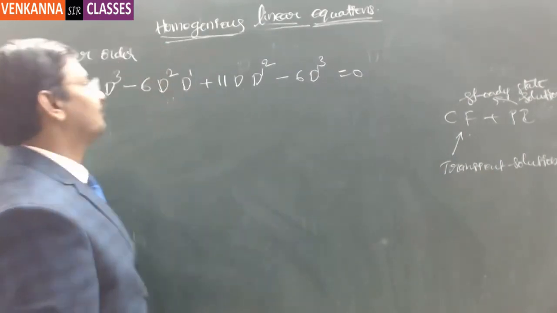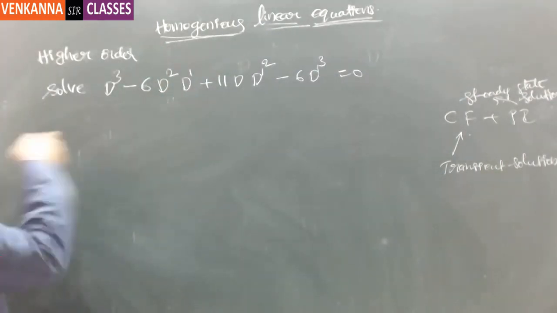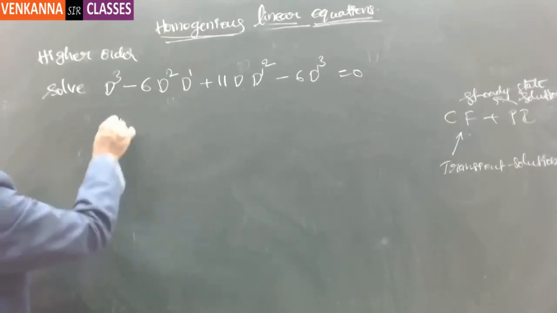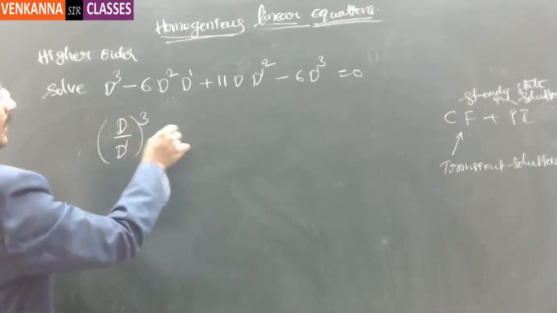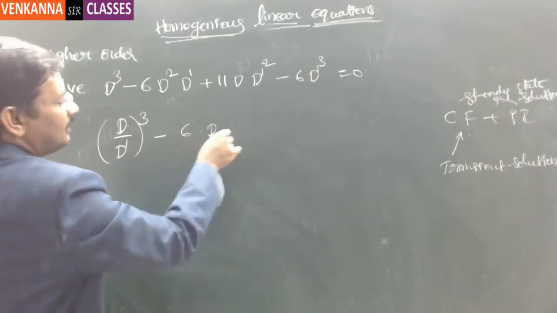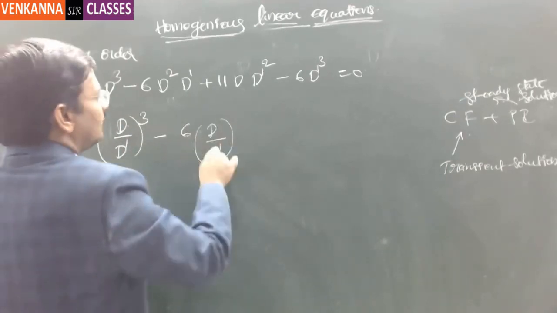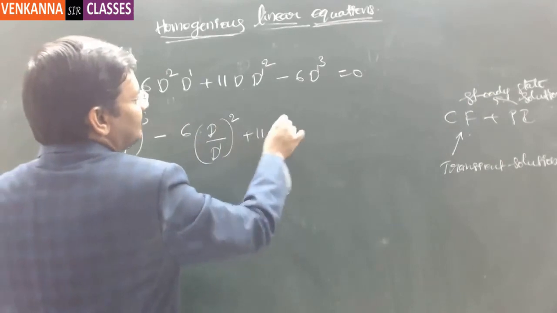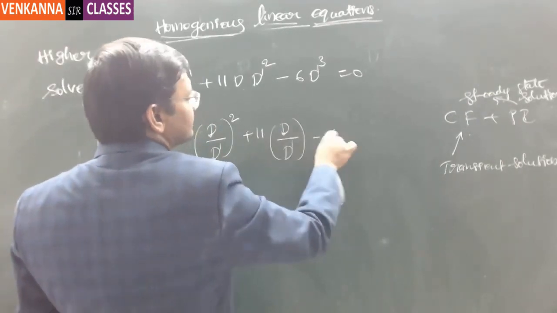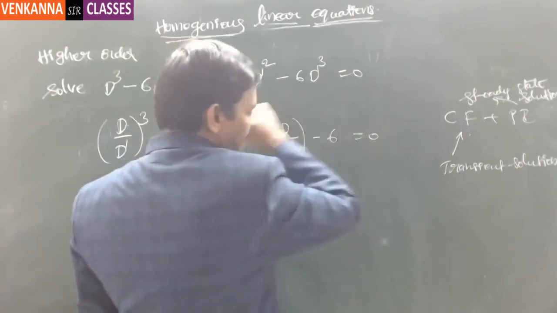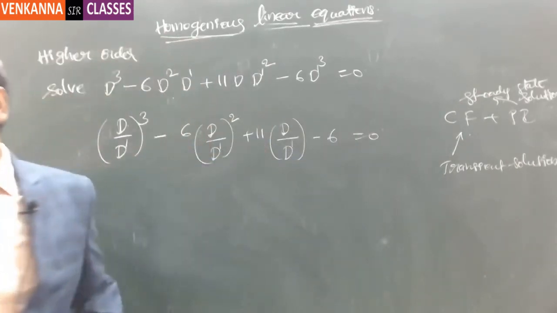So now, this differential equation, if we divide by D dash cube, becomes (D by D dash) whole cube minus 6 (D by D dash) whole square plus 11 (D by D dash) minus 6 equal to 0. Got it?